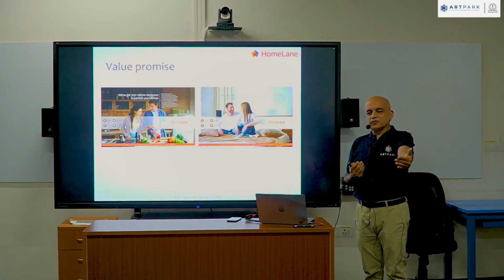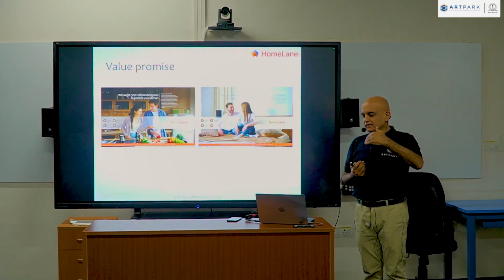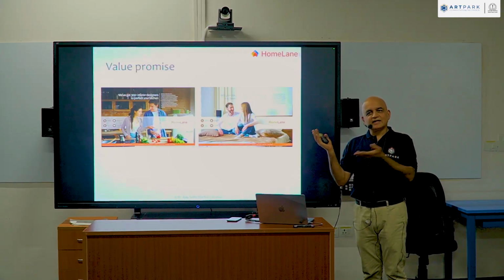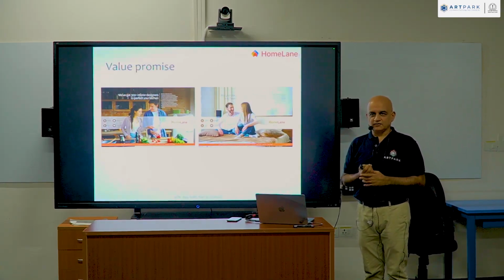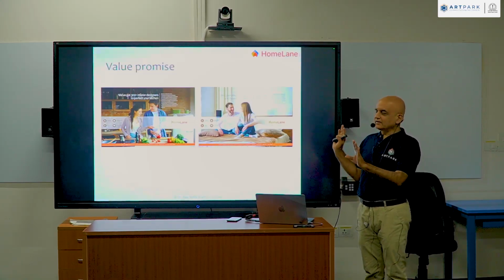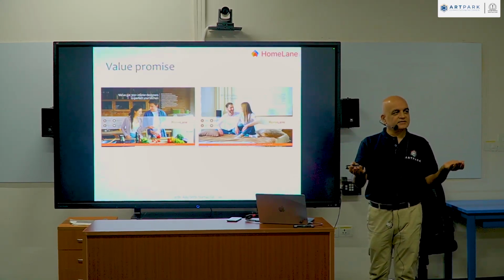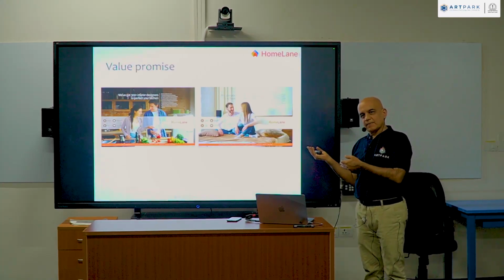A few years down the road, the laminate will start chipping, or something wrong will happen, but by that time the money is gone and there's no guarantee. So they're saying these are the two most common issues that people face, and we will answer to that.